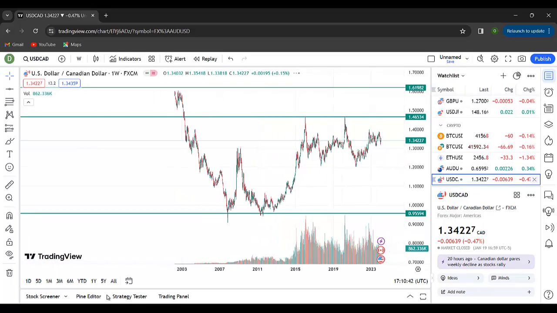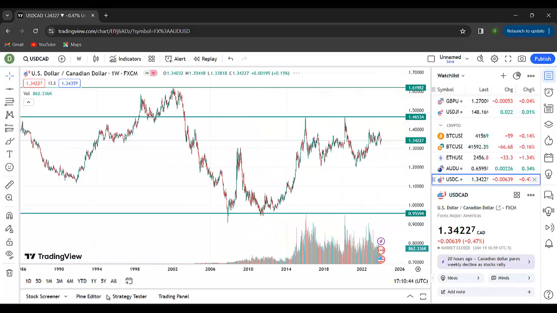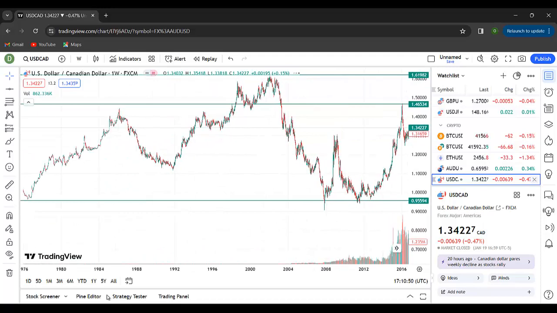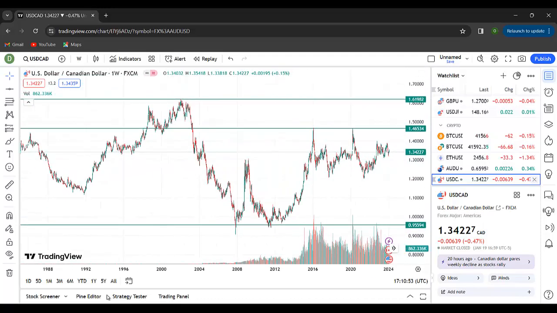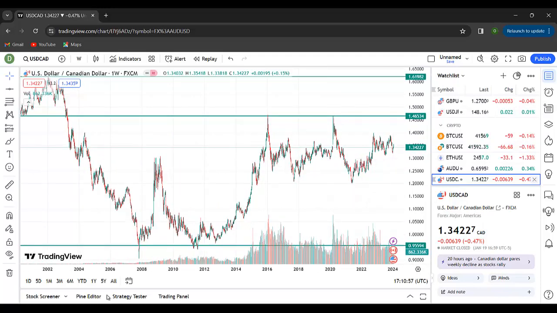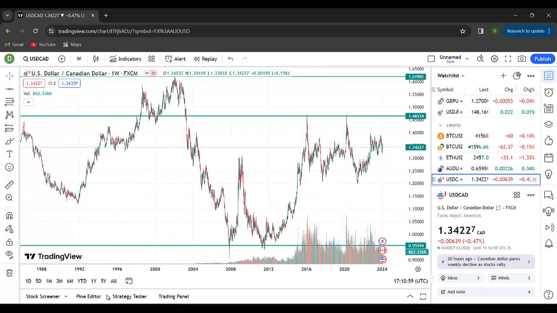So on the weekly time frame, what do we see? Yeah, this is a very strong zone, right?